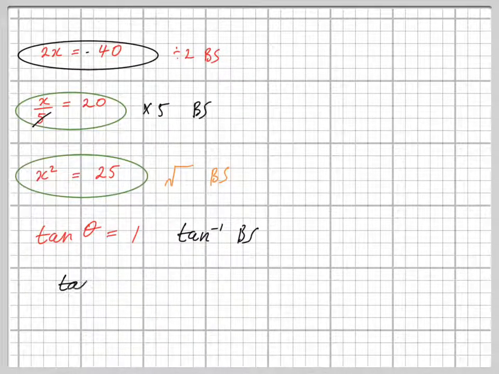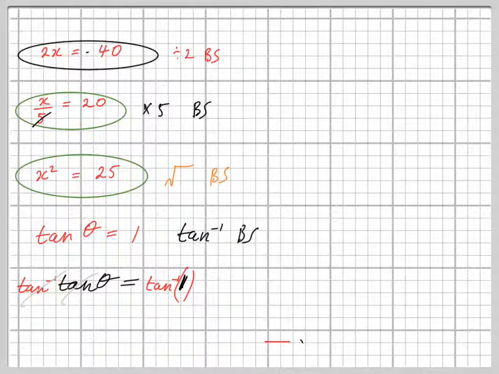So if I was to rewrite this question, tan theta is equal to 1. And you probably know why I put the 1 a little bit further out. It's because when I want to do inverse tan on both sides, I'll do tan inverse on both sides, and that will eliminate the tan, and we're left with theta equaling, I think, 45.